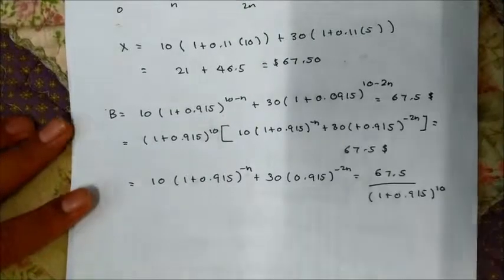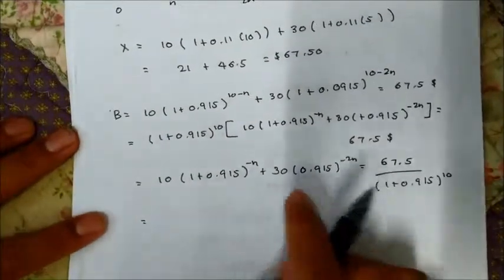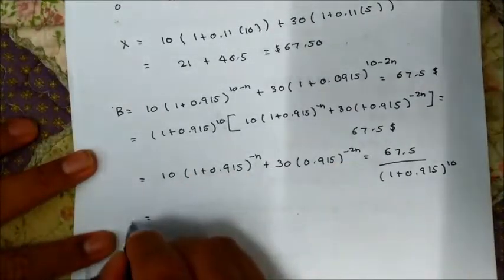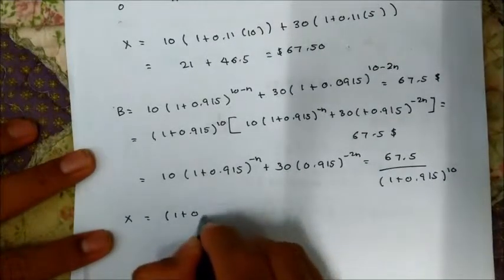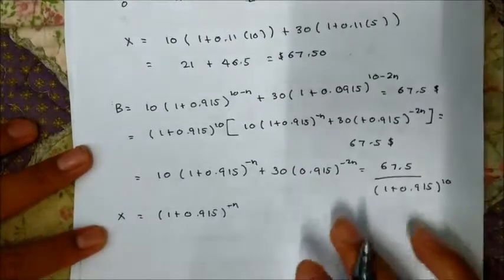Alright. Note that we can represent this equation in quadratic form. Therefore, we assume that x is equal to 1.0915 to the power of negative n.